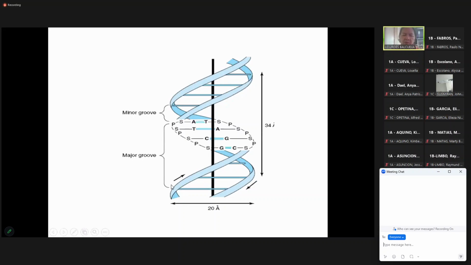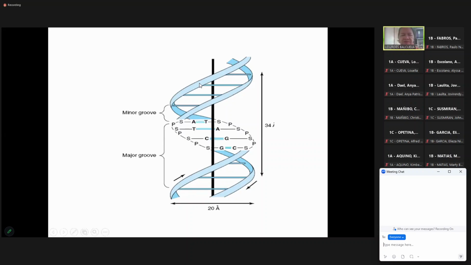And what makes up the periphery of these strands, of these chains? This is made up of phosphates and sugar. What is the sugar in your DNA molecule? Anyone? Deoxyribose. Yes, deoxyribose sugar, okay?